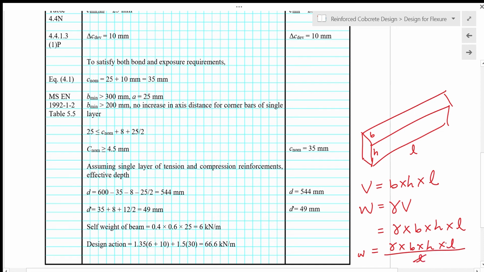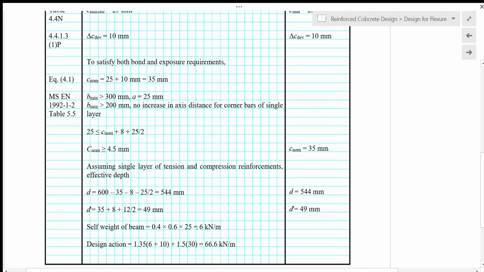So L is cancelled off. So finally we have W equals the density times B times H, which is given in this calculation there. Therefore, we have self-weight of beam equals 6 kN per meter length.